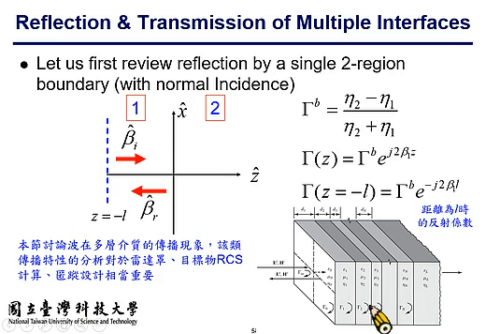So you need to add the phase adjustment, exponential j2 times beta 1 z. Suppose here is z equal to 0, and some distance L in front of the boundary, in front of the discontinuity. You substitute z with minus L, then you end up with gamma B, the reflection coefficient of the boundary, times exponential minus j2 times beta 1 L. Suppose you are in a lossless medium.